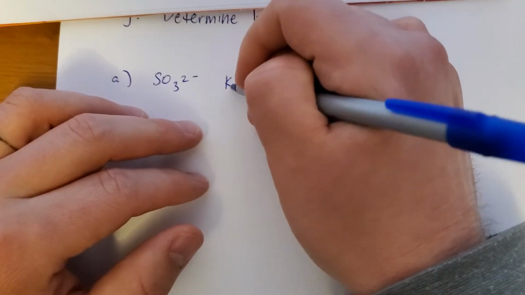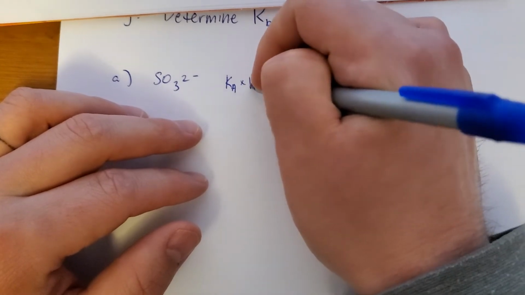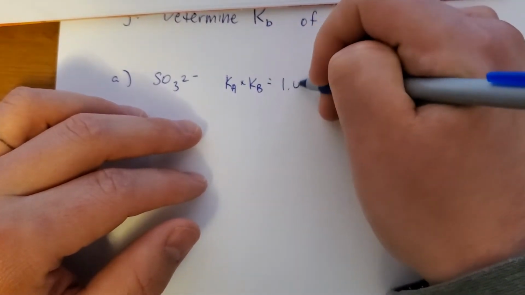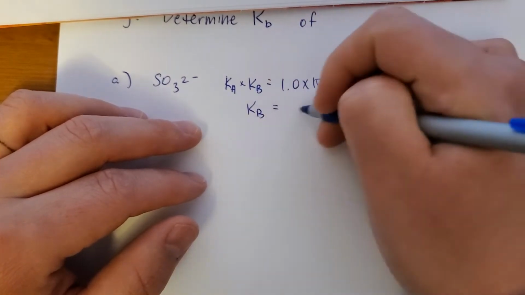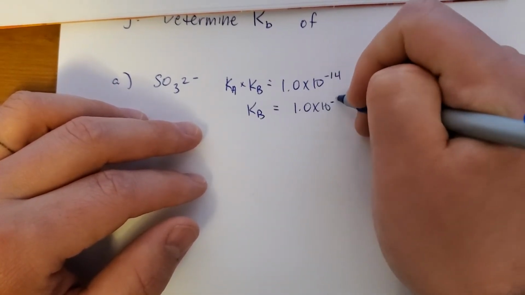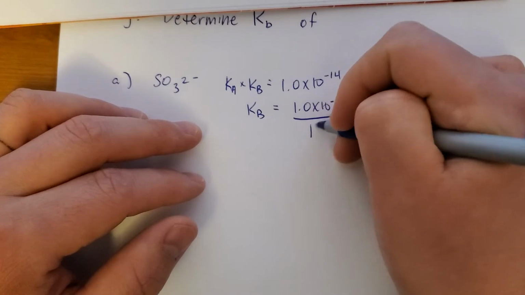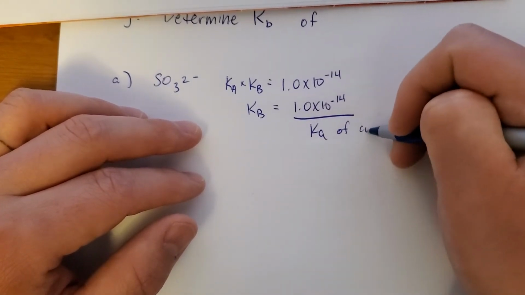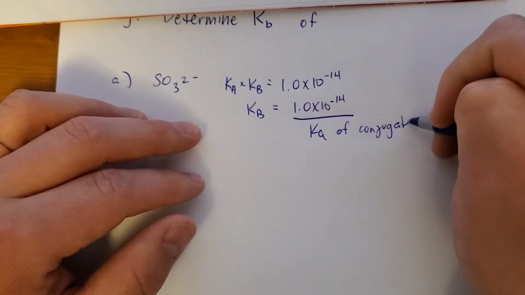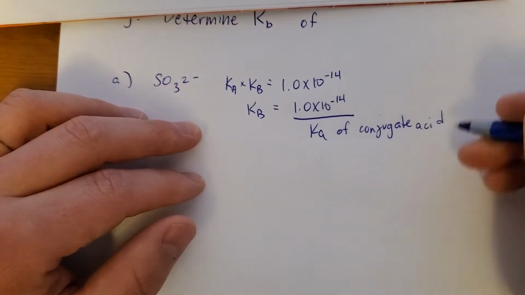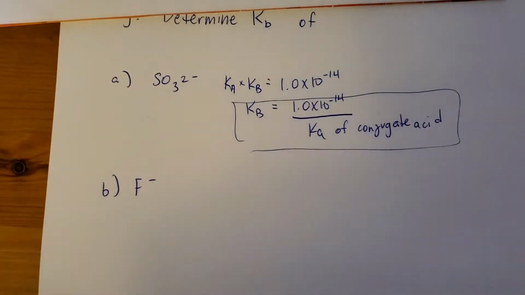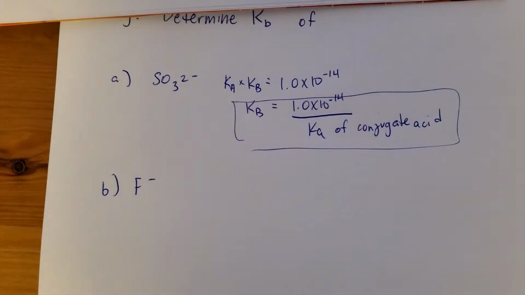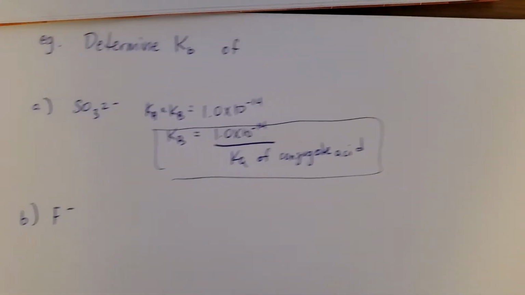Okay, so I'm going to write this out probably only once, and then we'll just remember how to do it. So Kb is Kw, 1 times 10 to the negative 14, divided by Ka of the conjugate acid. Okay, this looks terrible, but it's effective. I even drew a line through the 14 to make it look even more terrible, but I hope it works for you.